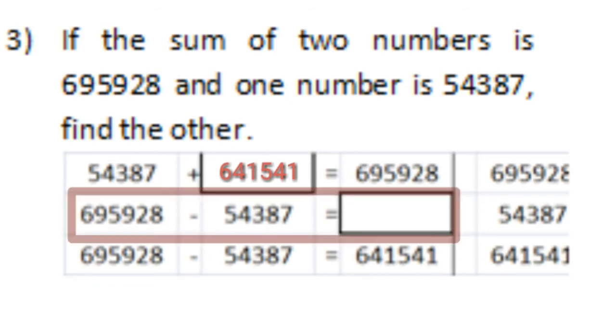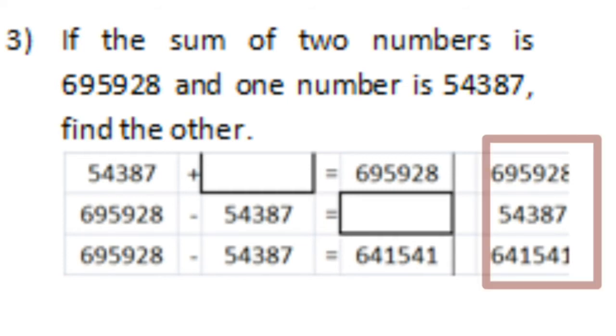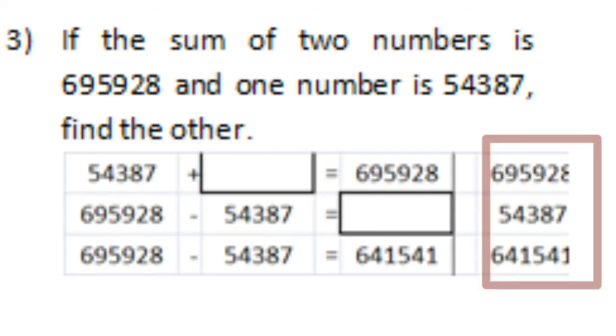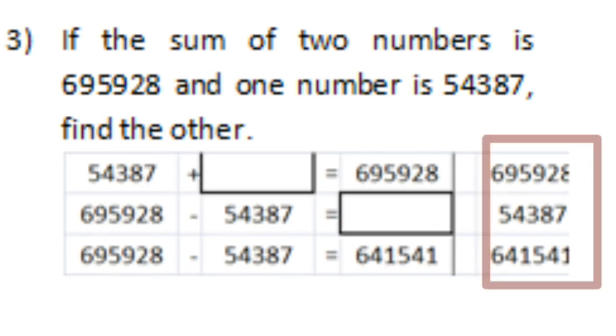That means 54,387 plus 6,41,541 equals 6,95,928. You see on the right side how it is checked. Sum minus given addend equals the missing addend, that is 6,41,541. Okay.